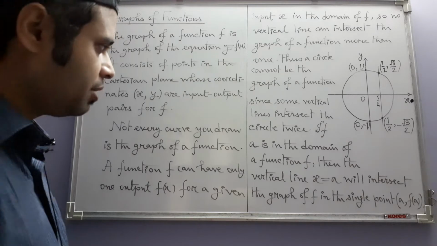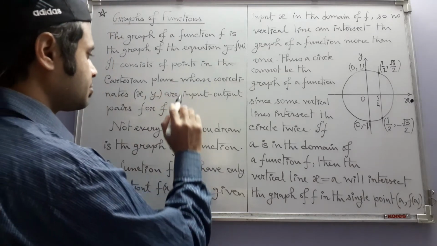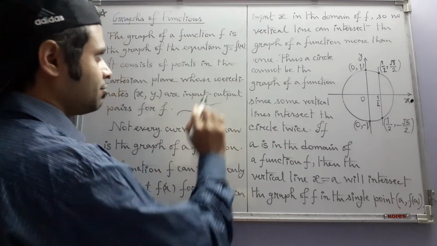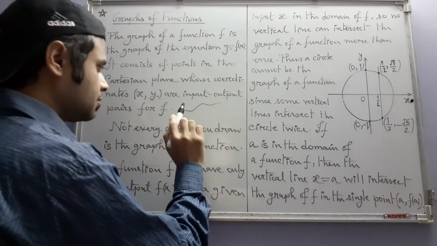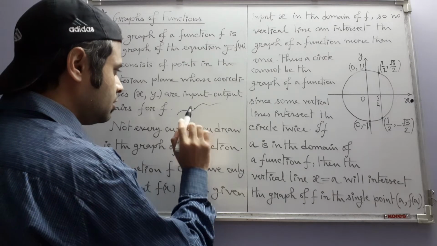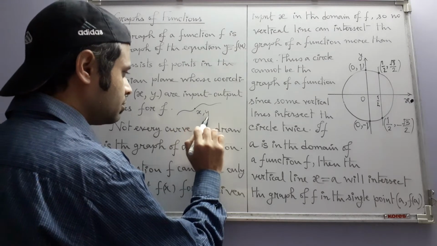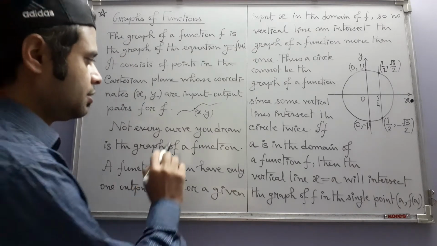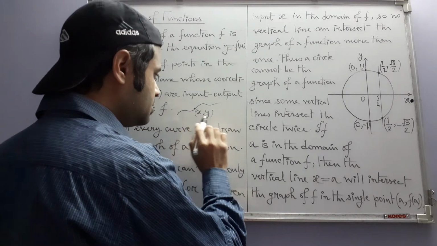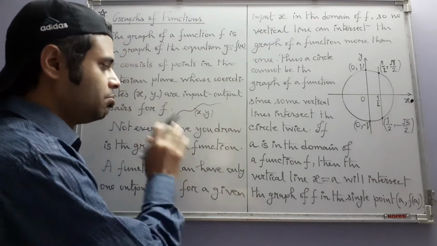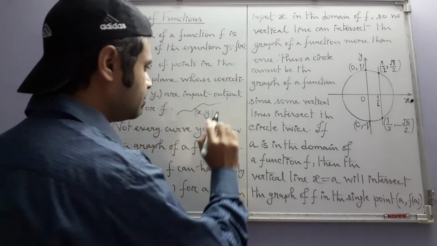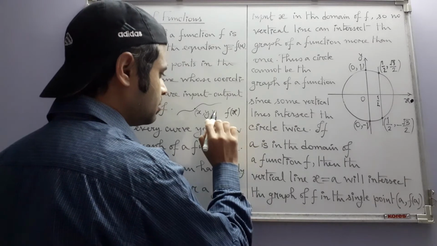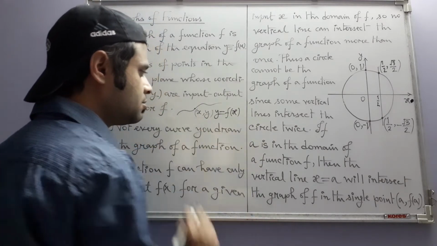What this simply means is just this. Say you have the graph of this equation. Then if you choose any point x, y on this curve, then this gives an input-output pair for f, in the sense that if our input is x, then the output is y.